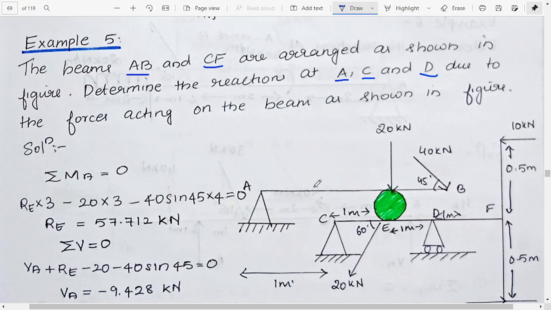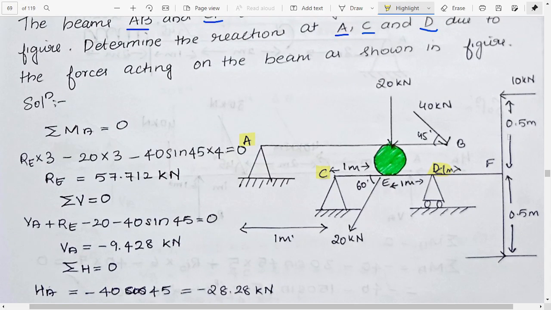So this is our beam AB and CF is this angle.